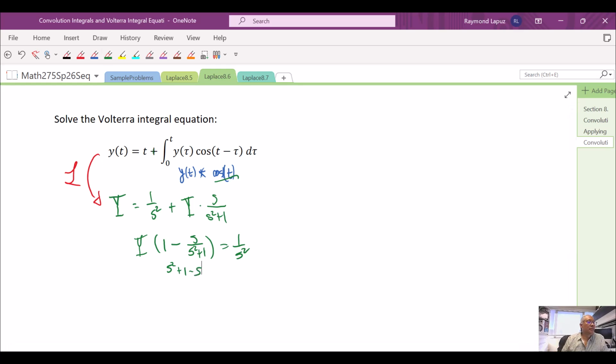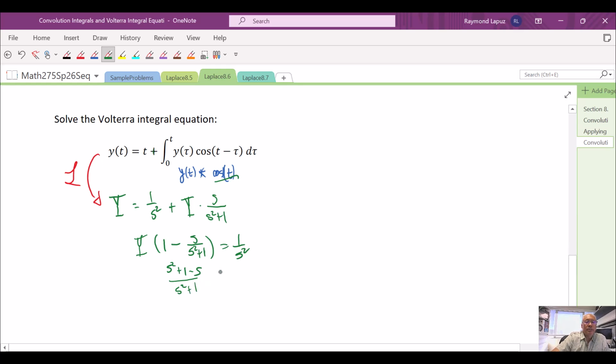Ooh. Didn't say it was easy algebra. Over s. Is that right? Over s squared plus 1.